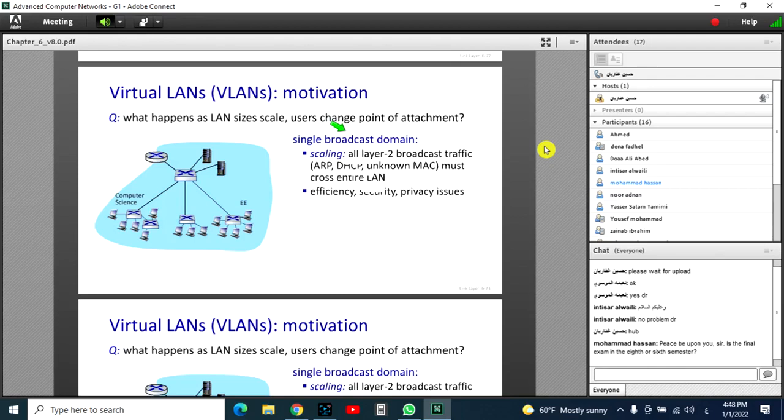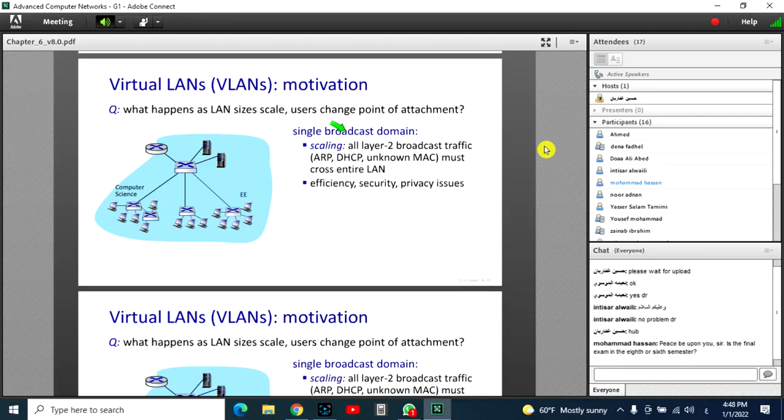When we are talking about, for example, ARP packets, DHCP packets, or unknown MAC addresses, in all of these cases and some other protocols, the hosts are sending broadcast messages, broadcast frames. So this strategy is not efficient. What can we do?